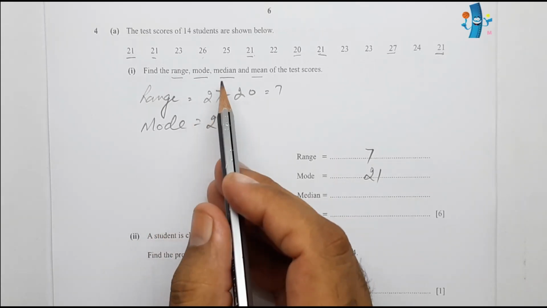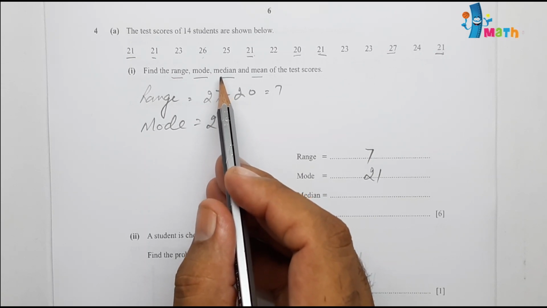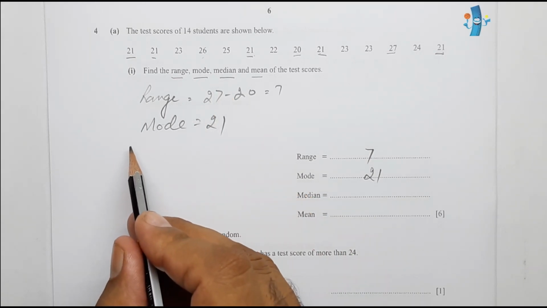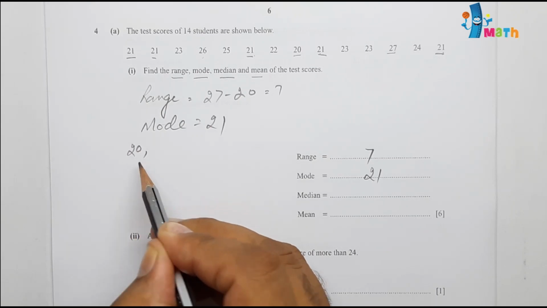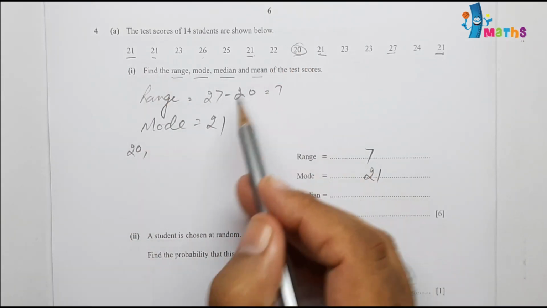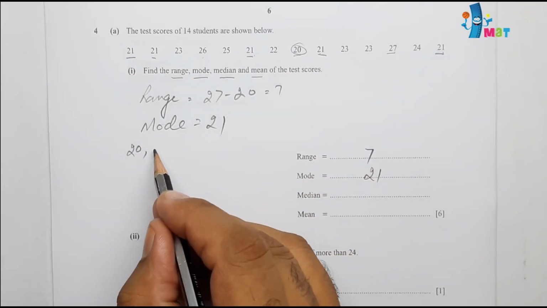And then comes median. Median we know is the middle value. For the middle value we have to arrange them in ascending order first, and if we arrange we will get 20 first, then 5 times 21, which we have calculated here.